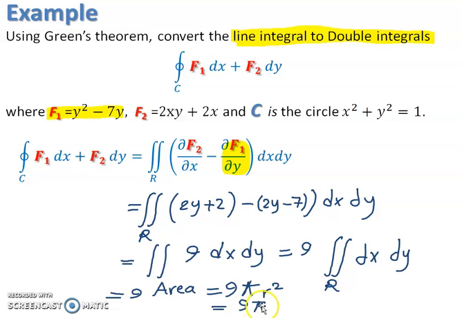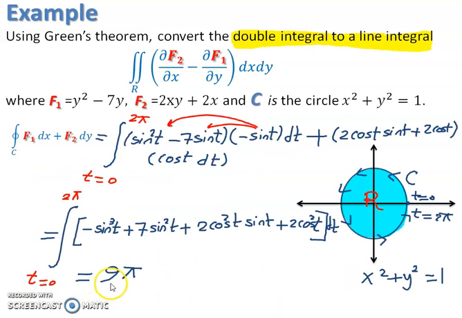So the answer is 9 pi, which is the same answer that we got when we converted from the double to the line integral. The answer was also 9 pi.